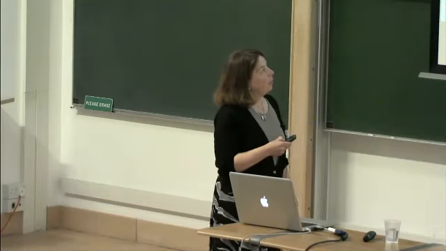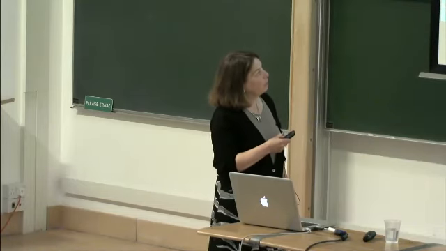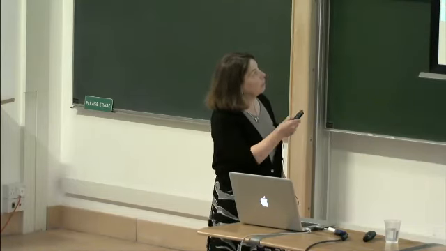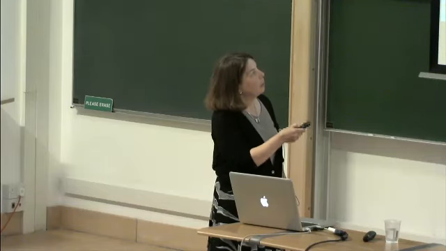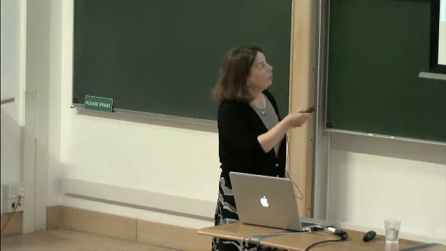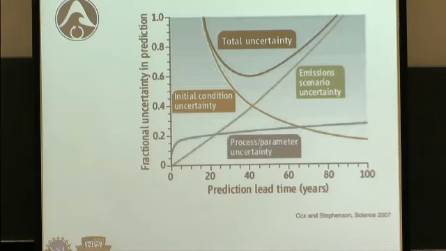And the initial conditions, the orange line here, influence the solution from the beginning of the run, where they have a big contribution to the uncertainty, and then it tails off towards the end. And then the scenario uncertainty, which can be thought of as the forcing function, has a small influence at the beginning and then slowly increases.